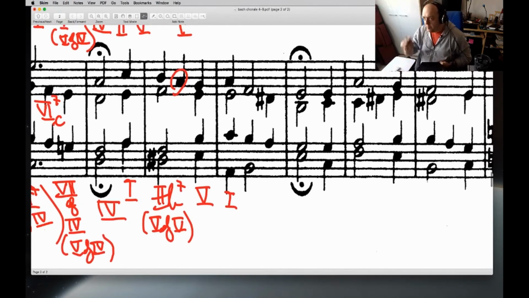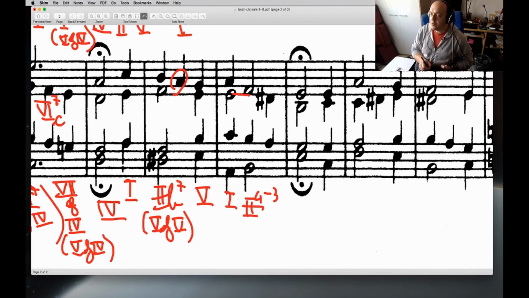Okay, at that point when I was playing that, I felt just a bit of emptiness, and I think it's because at this moment we have chord 2. This E is being held, so that's a 4-3 suspension.